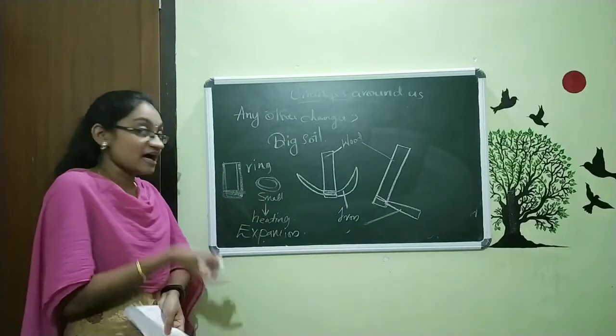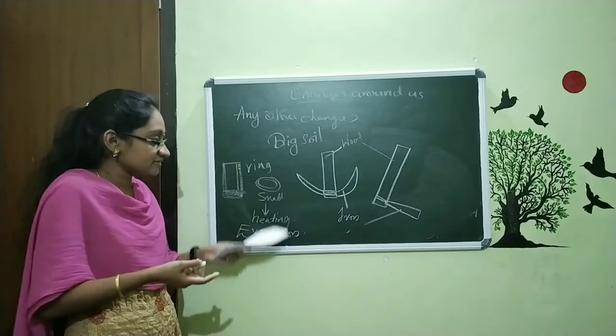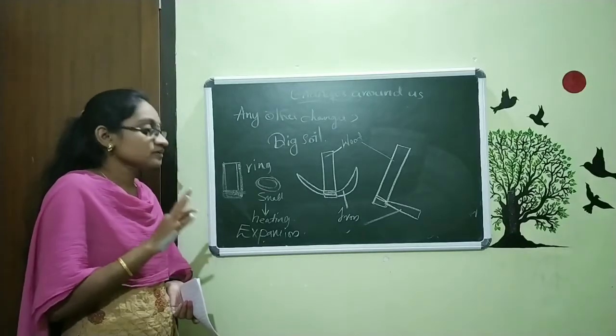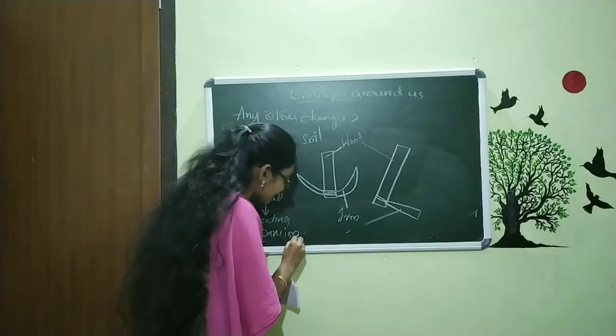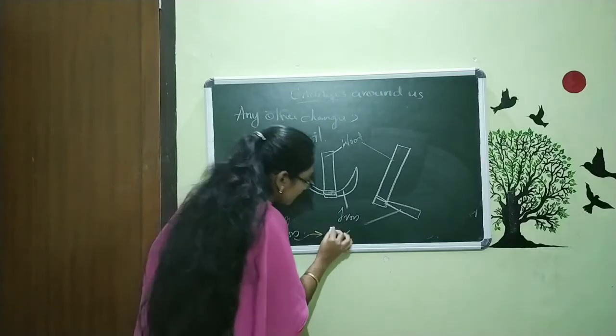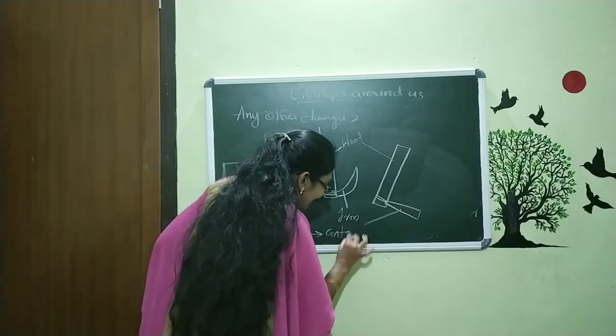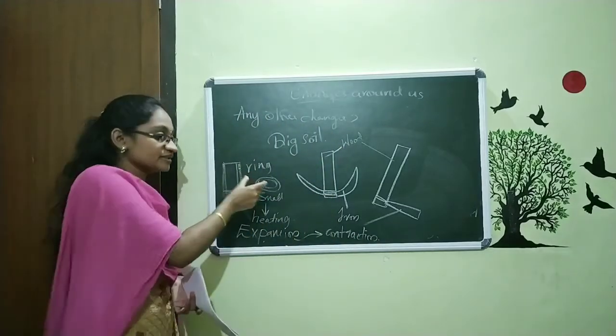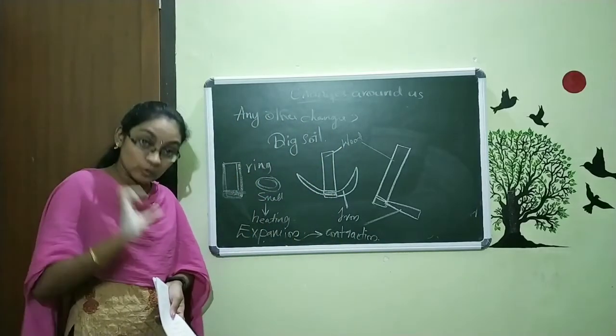Now what happens after cooling? Is this iron piece still big? No. After cooling, the expanded ring will undergo contraction. That means the big ring will get smaller because of the cooling.